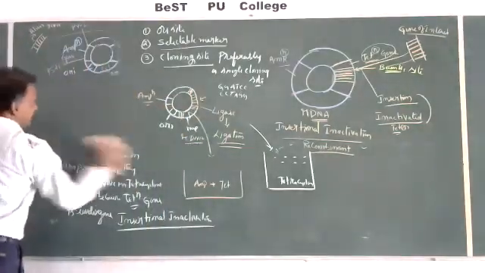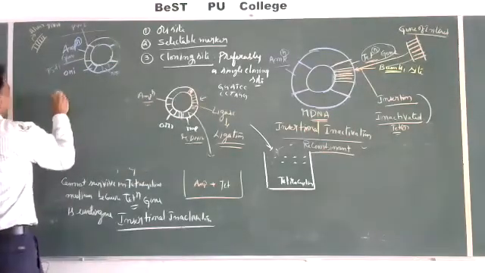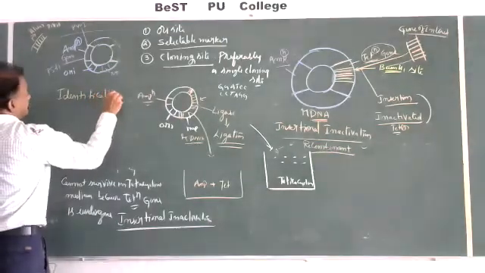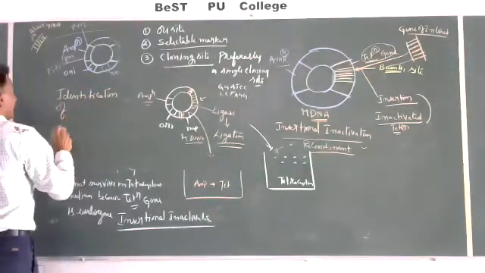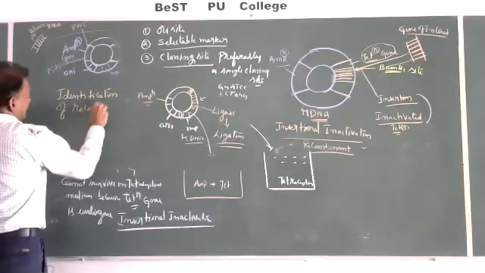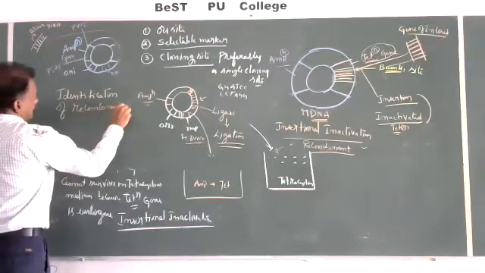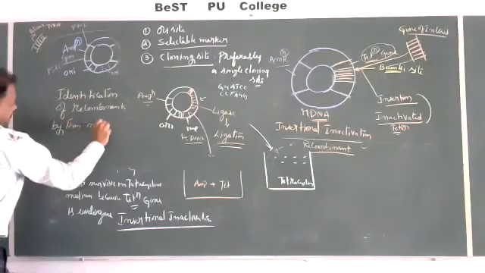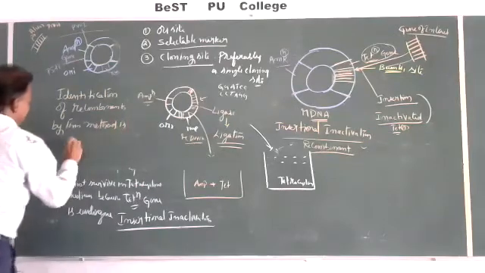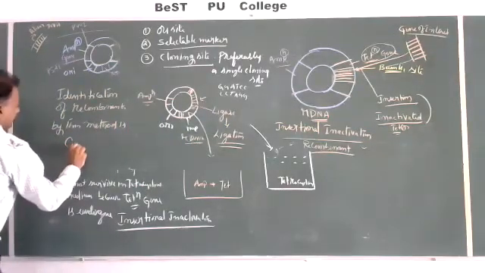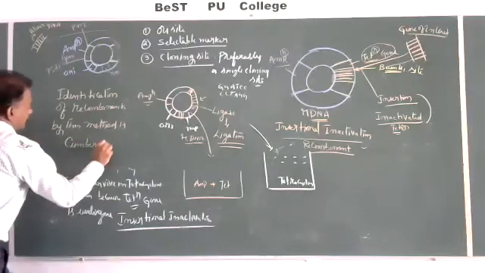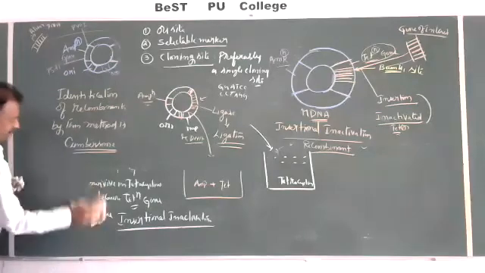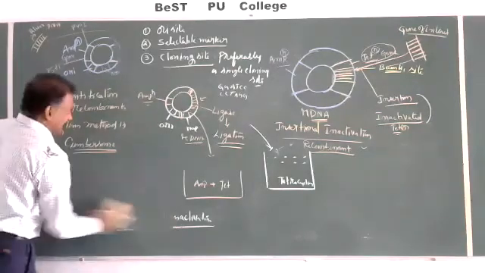Identification of recombinants by this method is cumbersome, means a difficult one. Technically, why?